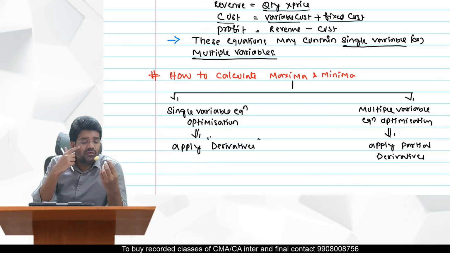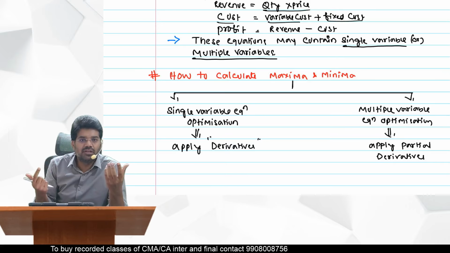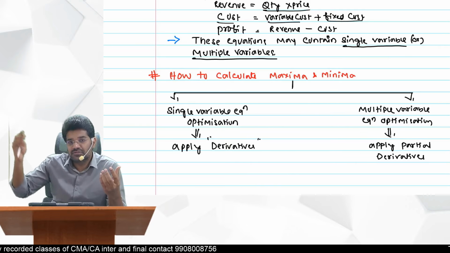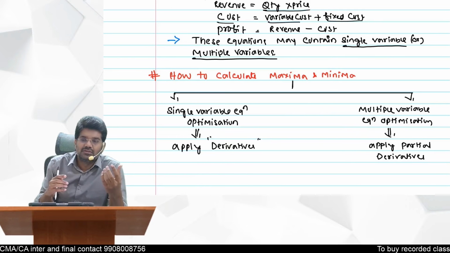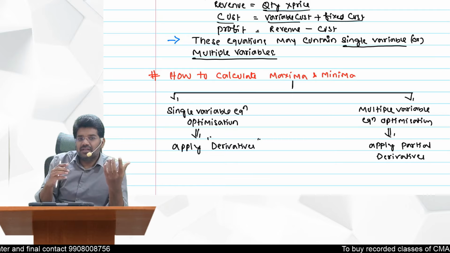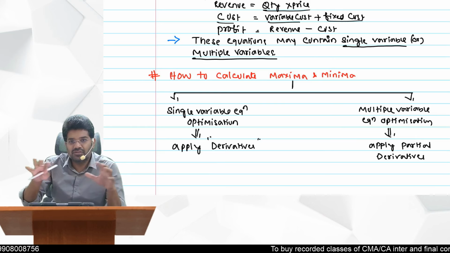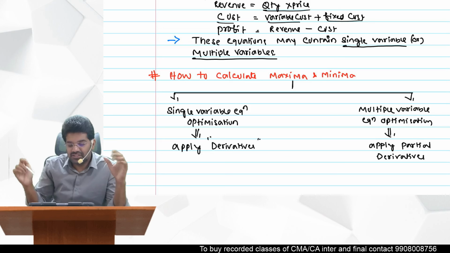So that means if you have only x in your equation, say, that is single variable equation. But in your equation you have even x and even y also. Then we call it as what? Multiple variables. So single variable, multiple variable. So these are the two cases, two scenarios in our unconstrained optimization.